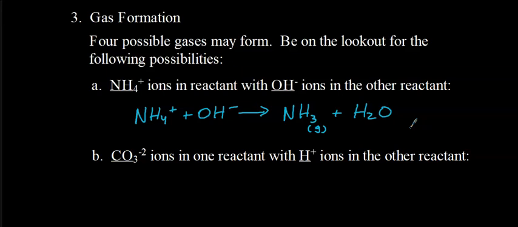All right, letter B. We'll start off with the gas, formation of carbon dioxide gas. Carbon dioxide gas is produced in the reaction between a carbonate, again, doesn't matter what the cation is, could be sodium, lithium, calcium, potassium, aluminum, doesn't matter. So carbonates and an acid. The acid will furnish the H plus ions, which are the other reactant in this reaction. So again, let's write an equation showing what happens.